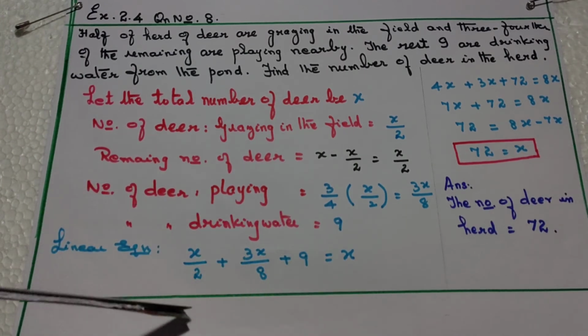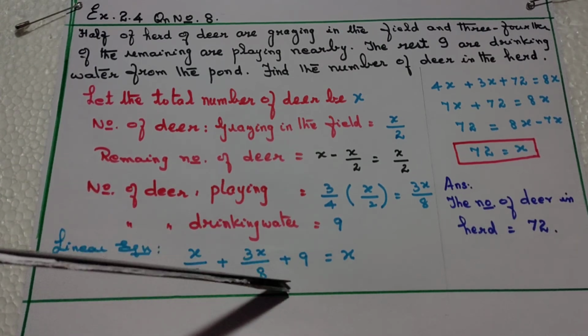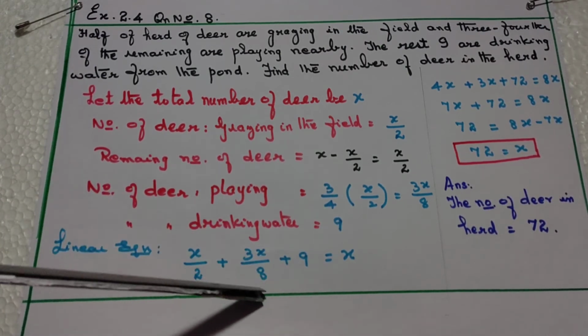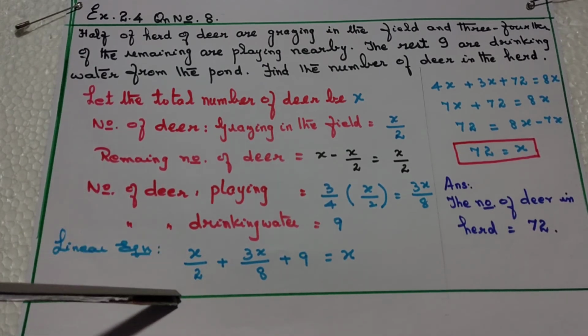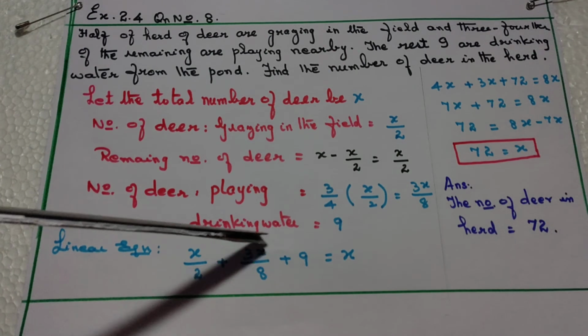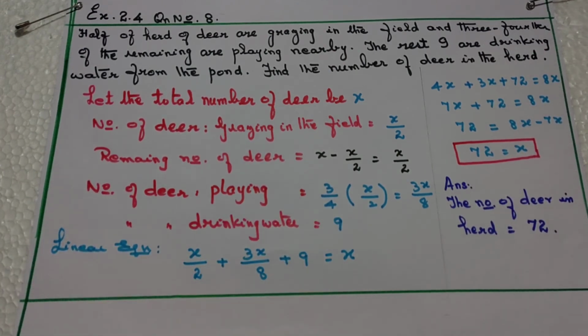Now, children, we have 2 different denominators. So, we can take LCM as 8. When I take LCM 8 here, I get here 4x by 8 plus 3x by 8 plus 72 by 8.